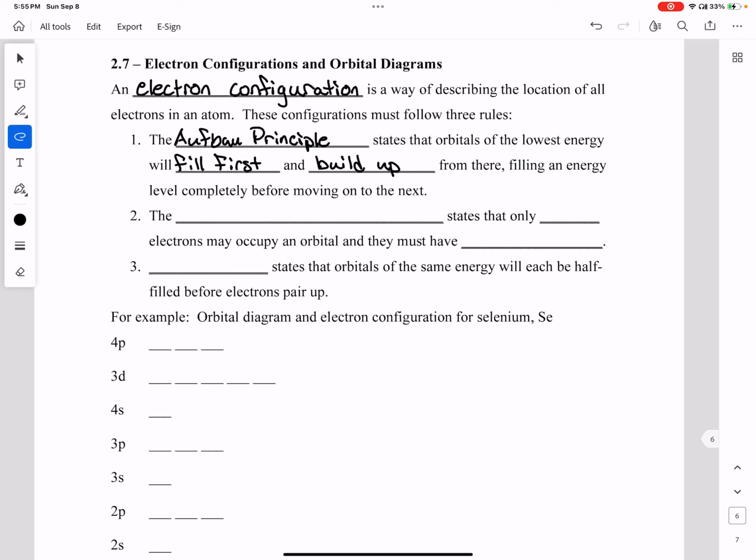The second rule is called the Pauli exclusion principle. And it states that only two electrons can occupy an orbital, and they must have opposite spins.